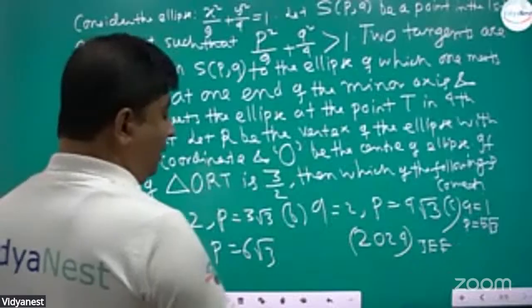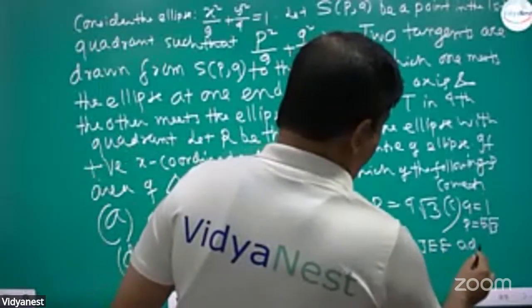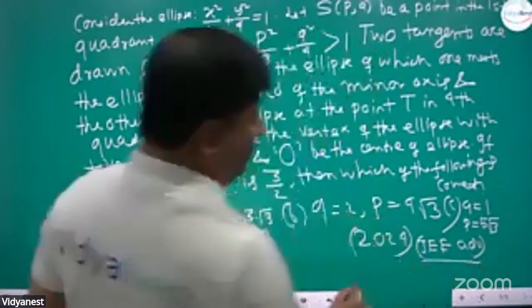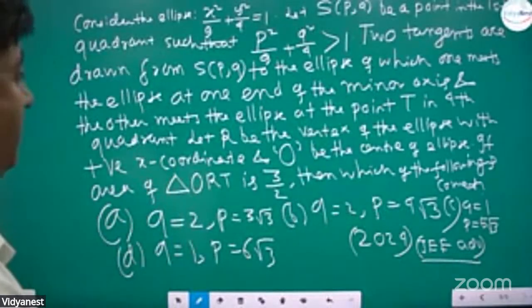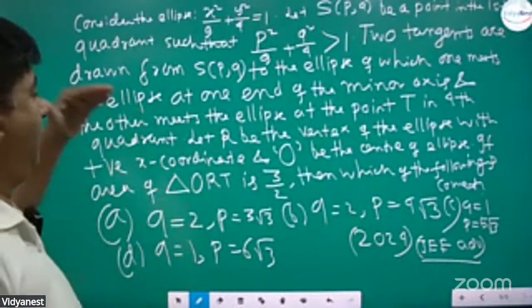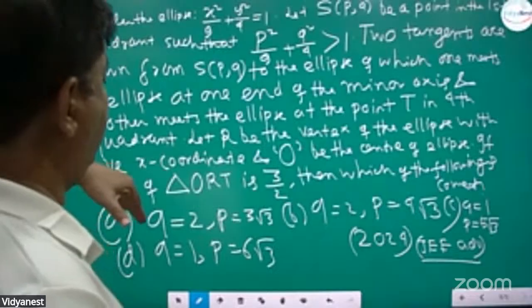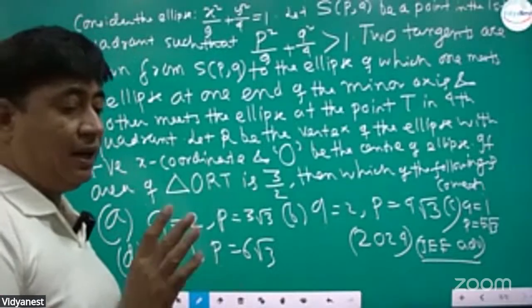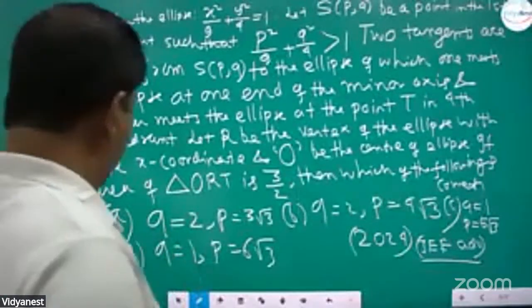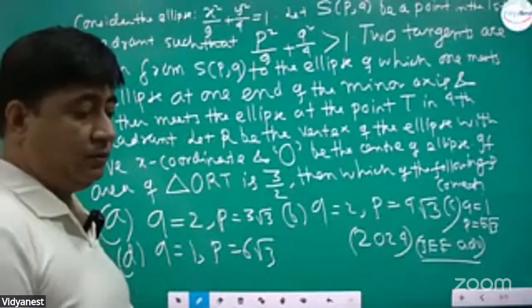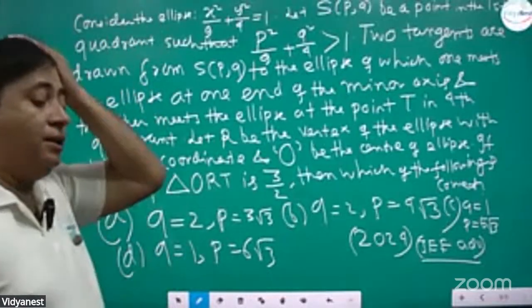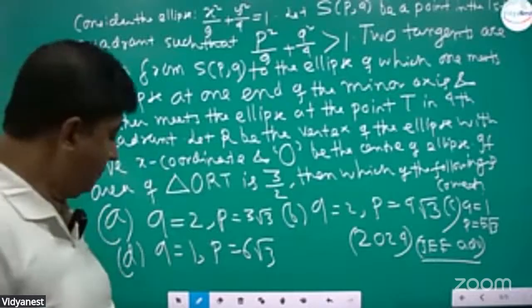But students get tensed when they face JEE Advanced level question. But see, if you analyze line by line, you can manage JEE Advanced level question in short span. Okay, let's see. This is one of the sum.